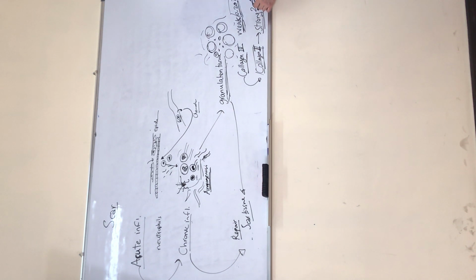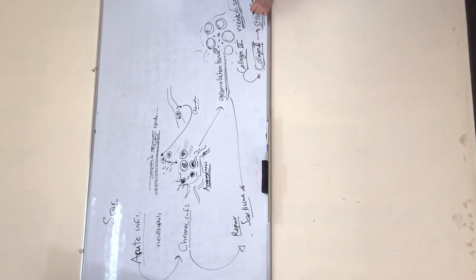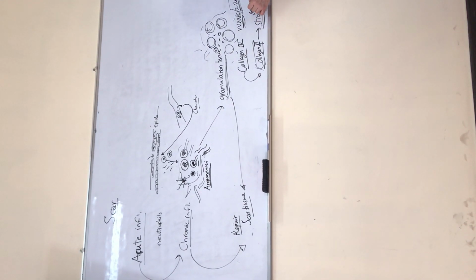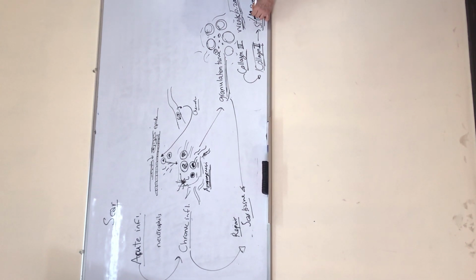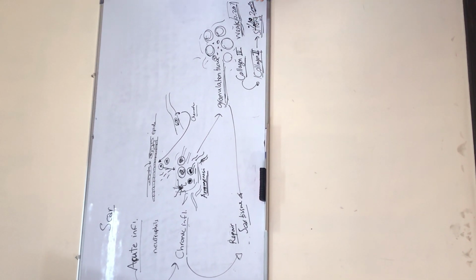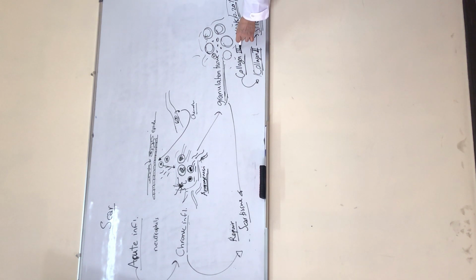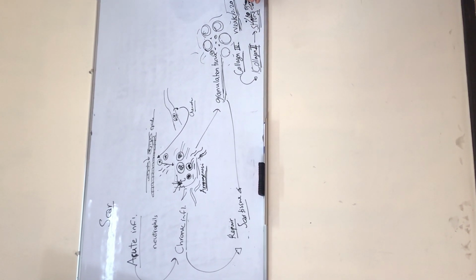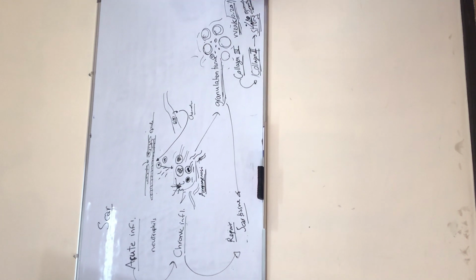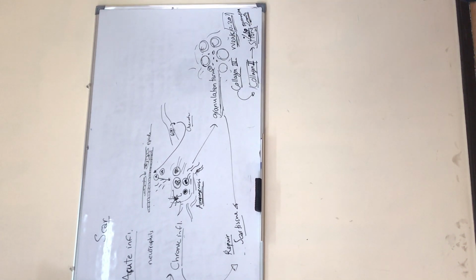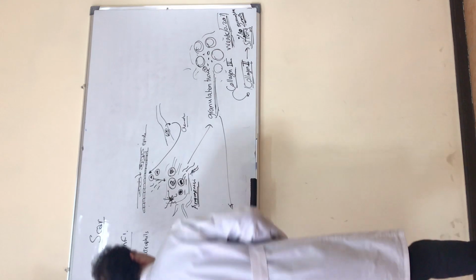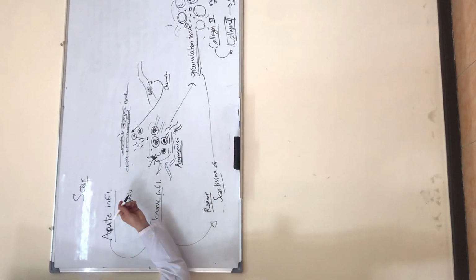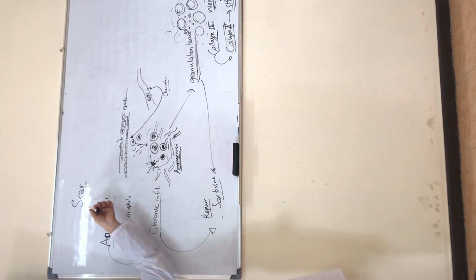But this type 1 collagen has 80% of the strength of a normal tissue. So it's strong. So these are the steps that happen for scar tissue formation.